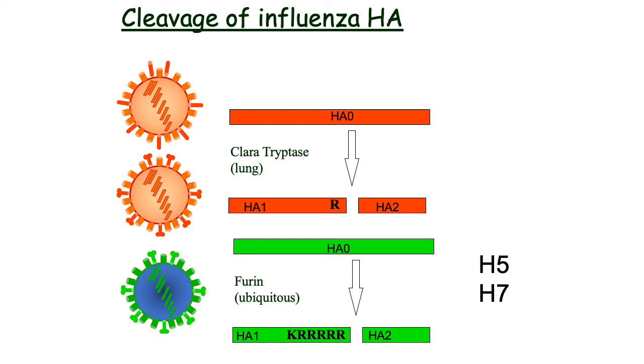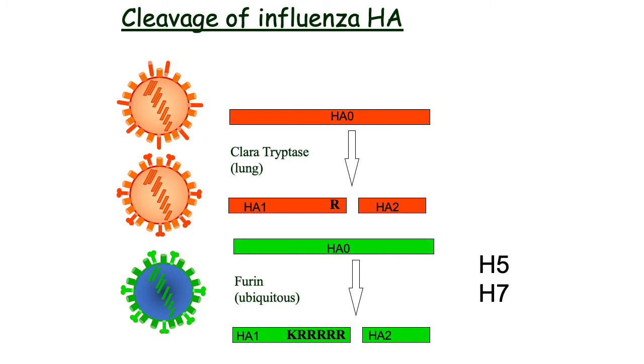the lung. Now, H5 and H7 flu viruses will tend to have modified cleavage sites that don't just have one R, they have a whole chain of R's in a row, or sometimes a lysine, which is a K as well. And once you have a whole chain of these, then there are other furin type enzymes, which are all over the place, that can now all of a sudden activate the flu.